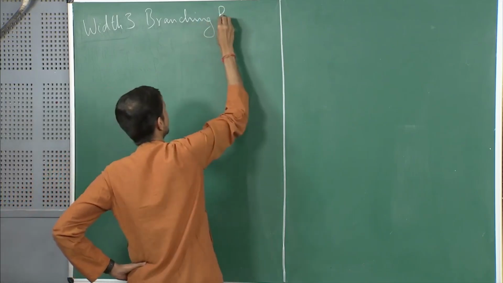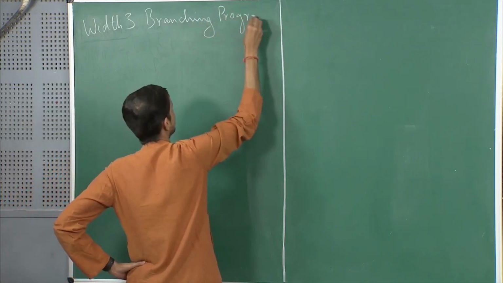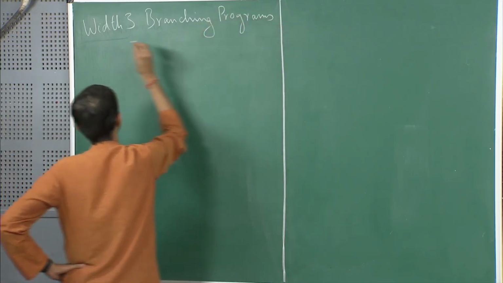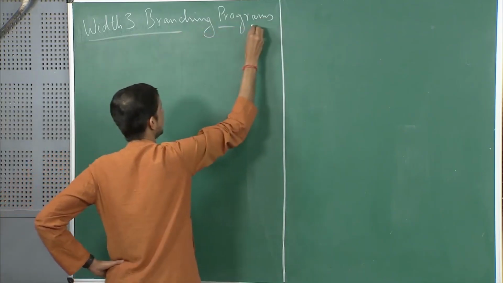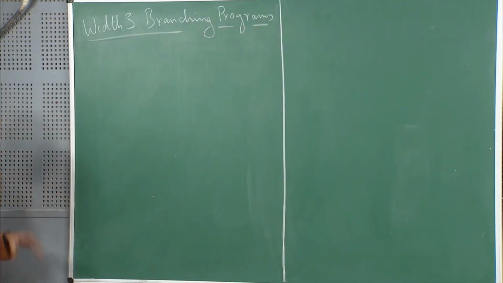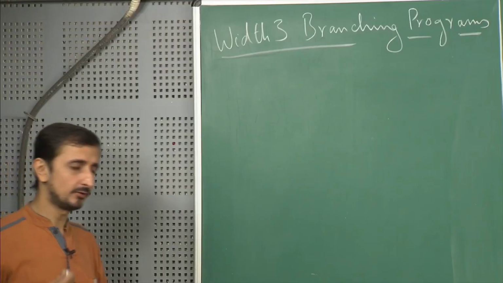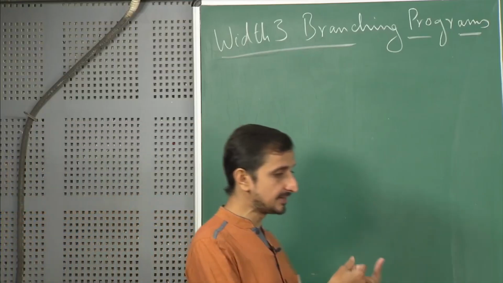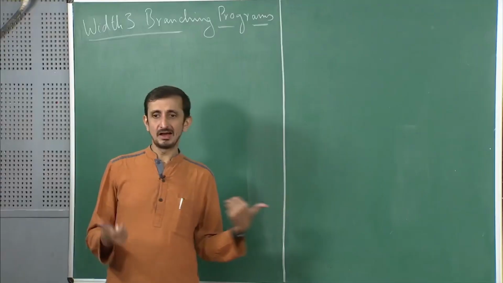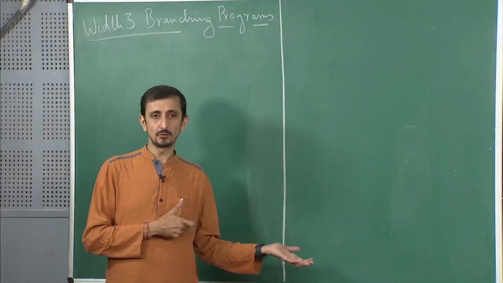We are going to focus on width 3 branching programs. Like last time, we are going to look at the instruction model of looking at a branching program. We saw how, if we have a sequence of instructions, we can convert it into a branching program of the same length.